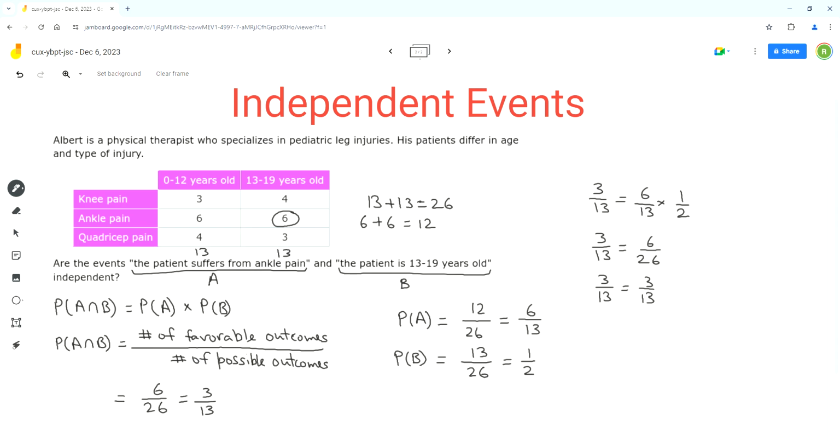I get 3 over 13 on both sides. That means the left side is equal to the right side. Therefore, the independent events equation is satisfied by the given data. So that means the two events are independent.